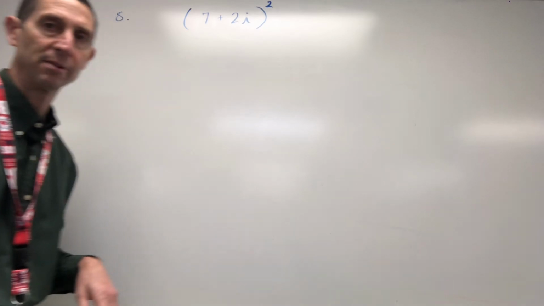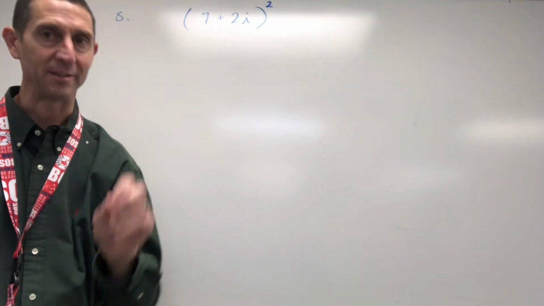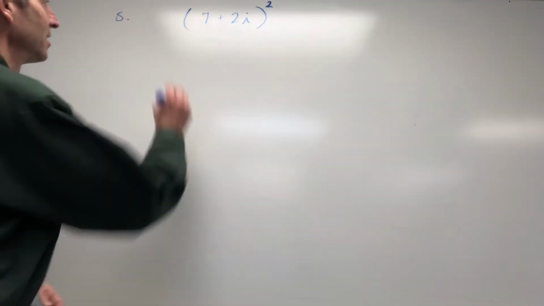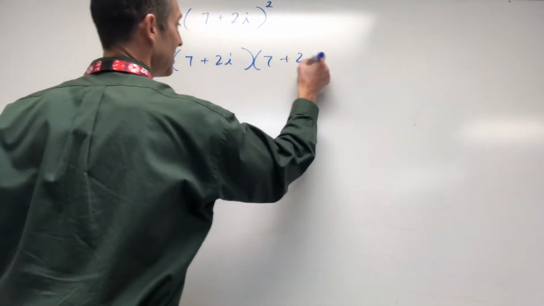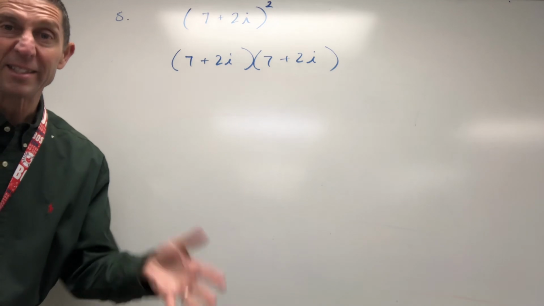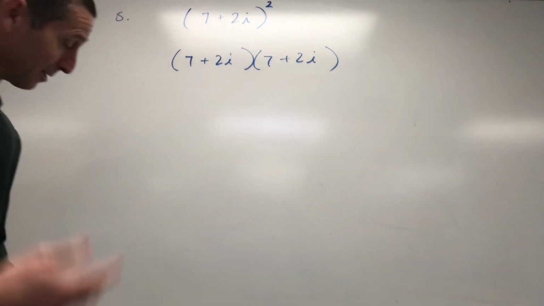Let's put a squared up there. That squared up there means there's 2 of these. It means you're going to write this twice. You have 7 plus 2i, and then you have a second 7 plus 2i. So writing it twice kind of guarantees you're going to get it right. At least we're hoping we're starting it correctly.